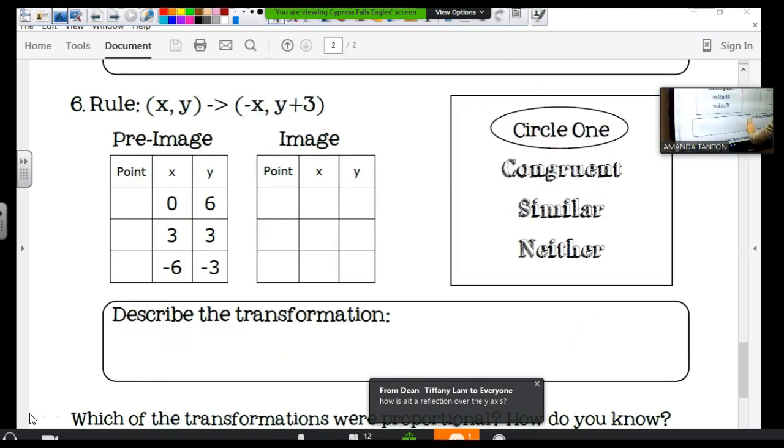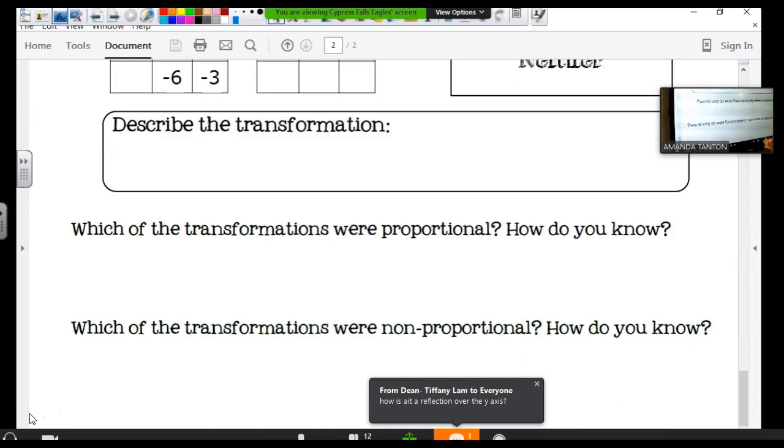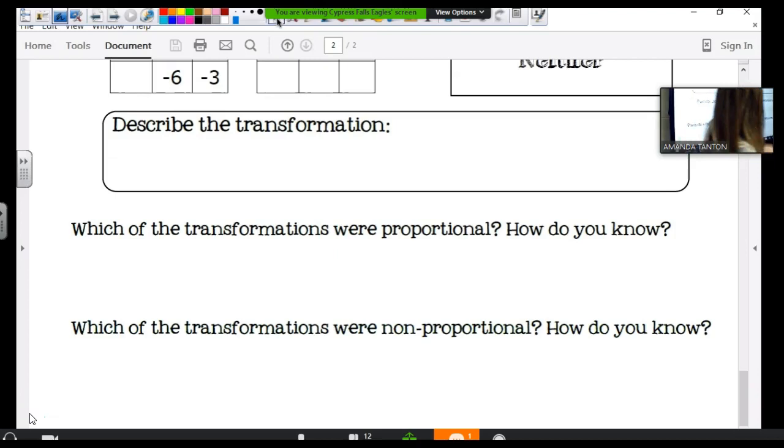Okay, follow up. Which ones were proportional? How do you know? Well, any of the ones, if you circled congruent or you circled similar, those transformations were all proportional.